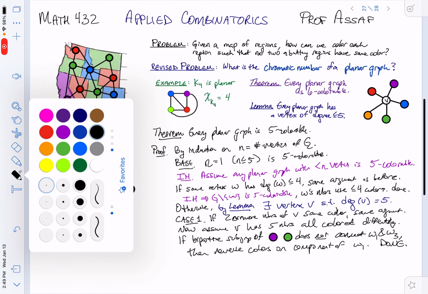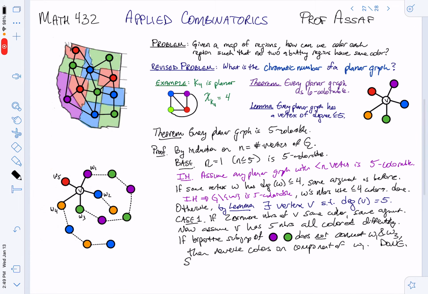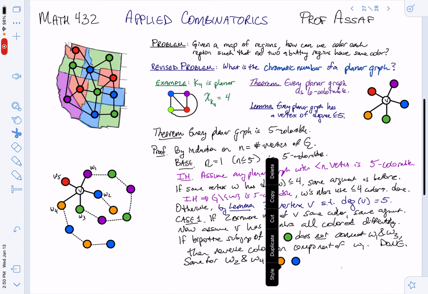So let's put our pen back to good use. Same for W2 and W4, which would be this color component. If we look at this bipartite component and it's not connected, then we can switch the colors there.